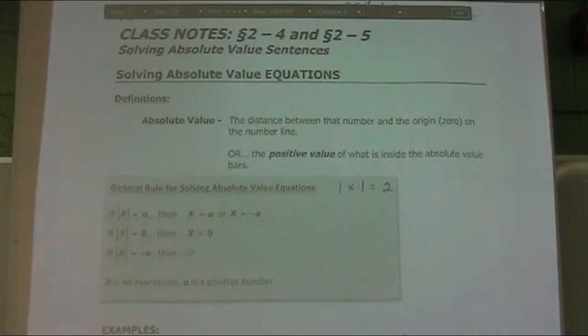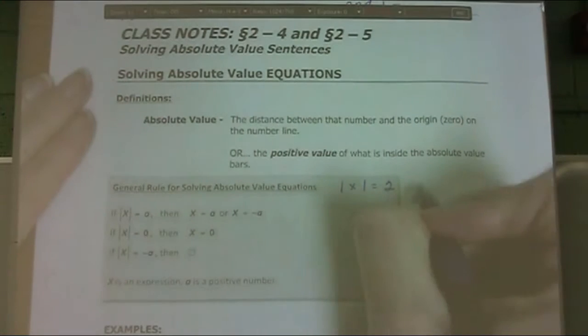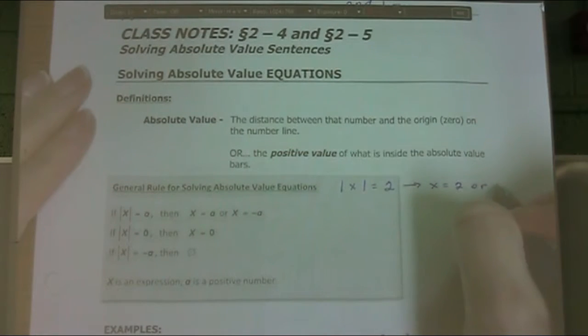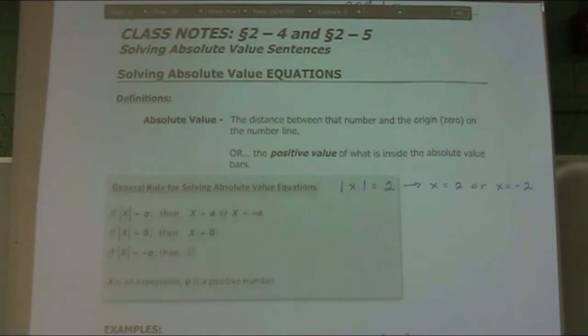It has two possible answers because the absolute value of 2 is 2 and the absolute value of negative 2 is 2. So what this means is that x equals 2 or x equals negative 2. So we have two possible answers for this.